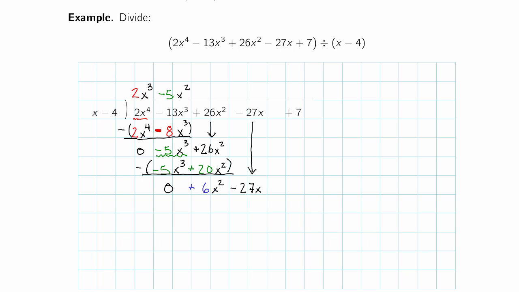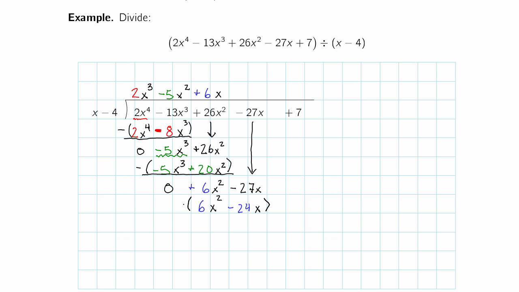Divide step is easy. 6x squared divided by x is 6x. Multiply step is easy. 6x times x is 6x squared. 6x times negative 4 is negative 24x.